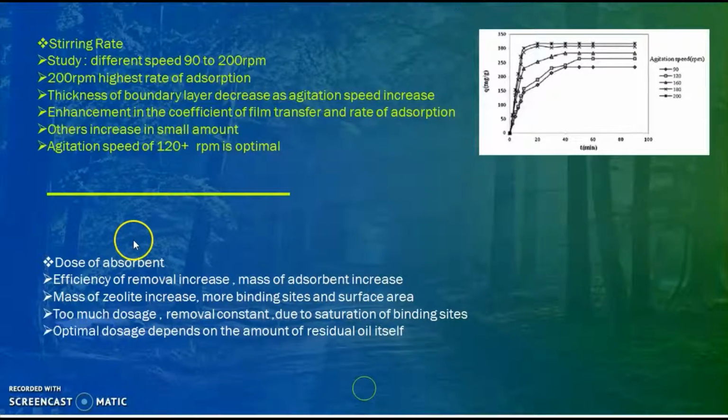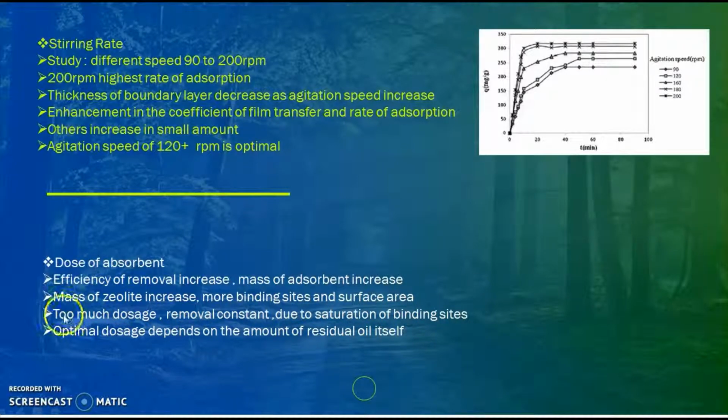Okay, for the dose of adsorbent, different doses of zeolite adsorbent can also affect the residual oil removal process. A study shows that the efficiency of removal will increase as the mass of adsorbent increases. When the mass of zeolite increases, this will introduce more binding sites and surface area, which will increase the removal of residual oil.